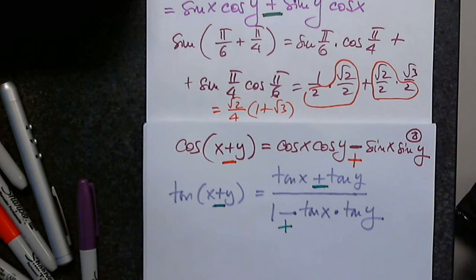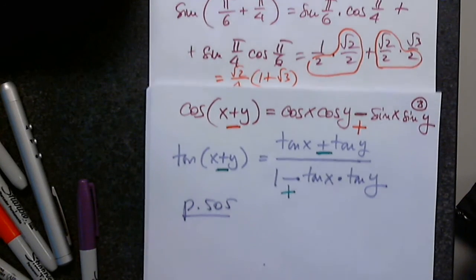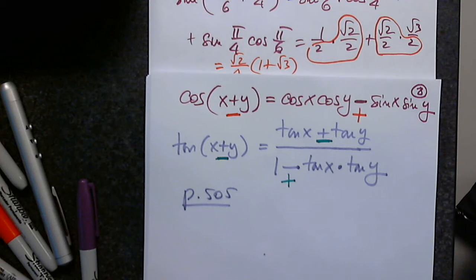Okay. Let's look at problems starting from page 505. And of course here we'll have expressions to simplify and identities to prove. Tell me when you're ready. We want first to pick from 3 to 14.